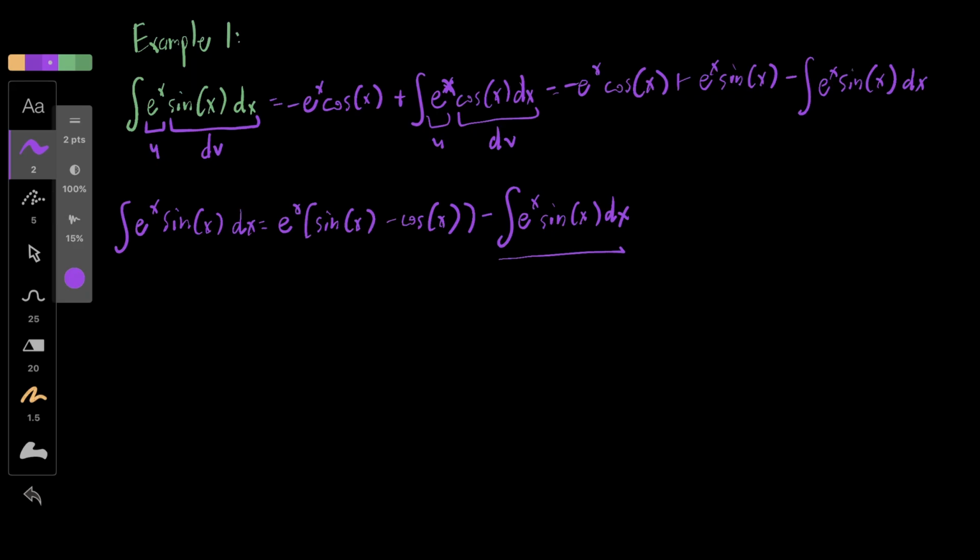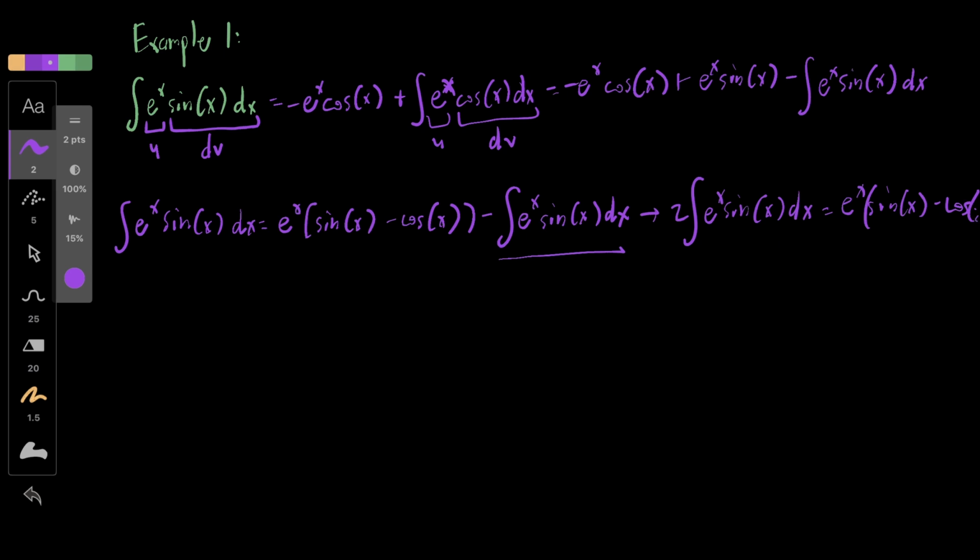So we get 2 times the integral of e to the x sine of x dx is equal to e to the x times sine of x minus cosine of x.